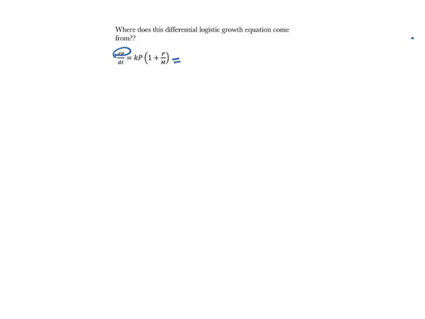So the first thing I'm going to do is rewrite this right-hand side. I'm going to say this is KP times the quantity M minus P over M. So that's getting a common denominator of M. And then I'm going to factor out the M. So I'll have KP over M times the quantity M minus P. And now I'm going to distribute the P.